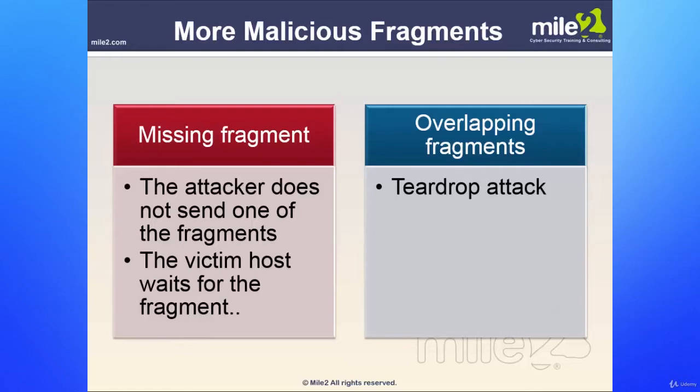So let's say the fragment reassembly timeout is 10 seconds at the IDS and 20 seconds at the target system. The attacker could then send the second fragment after 15 seconds of sending the first fragment. What then happens is the IDS will drop the fragment as the second fragment is received after the reassembly time, but the target system will reassemble the fragments because it has a higher timeout of 20 seconds.